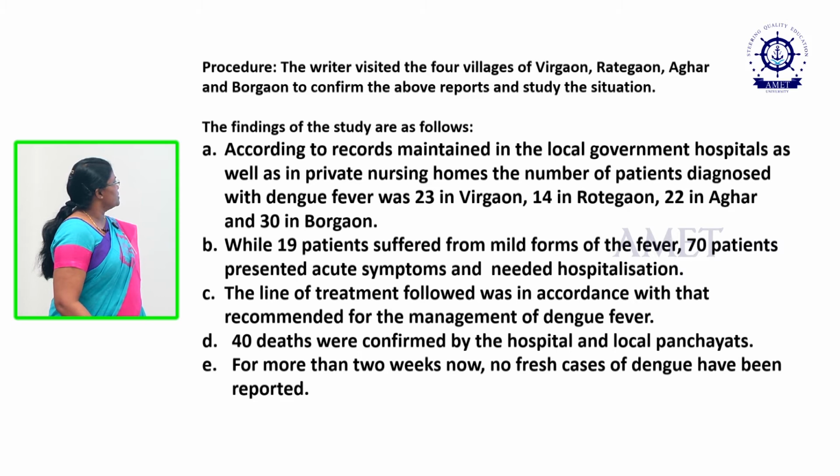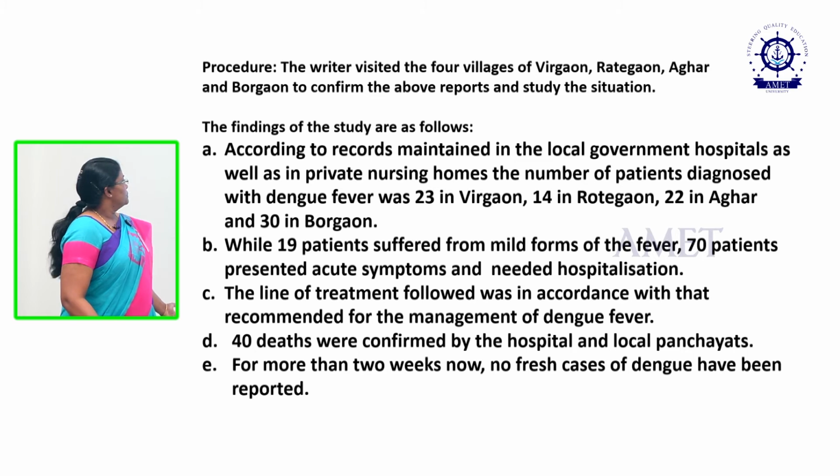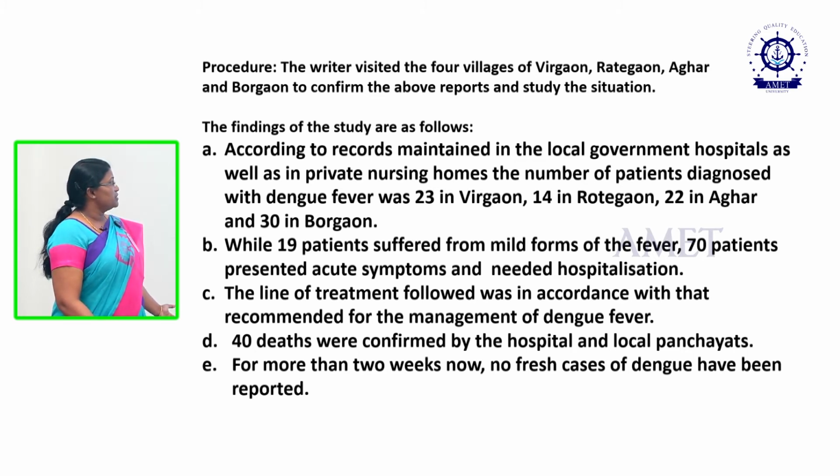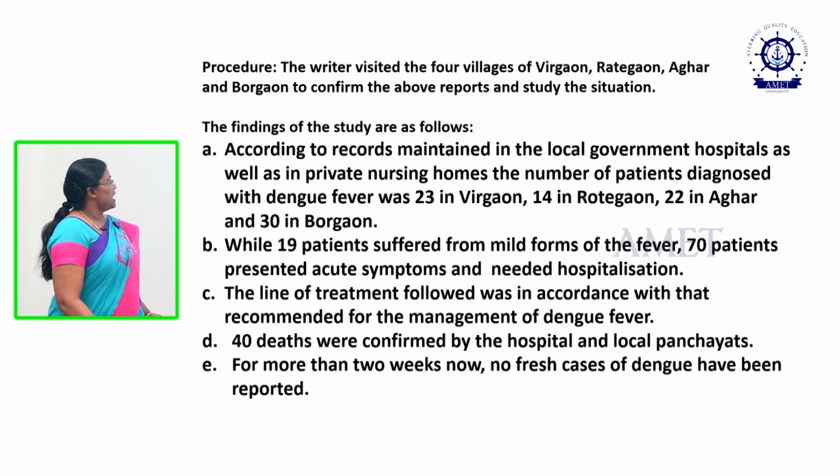While 19 patients suffered from mild forms of the fever, 70 patients presented acute symptoms and needed hospitalization. So, the number is large, while the minimum affectation is very less. 19 patients suffered, but 70 patients presented acute symptoms. So, some remedial measures should be taken by the administration.